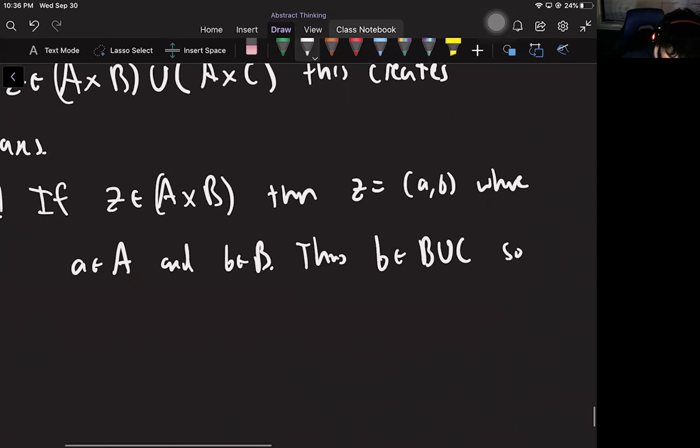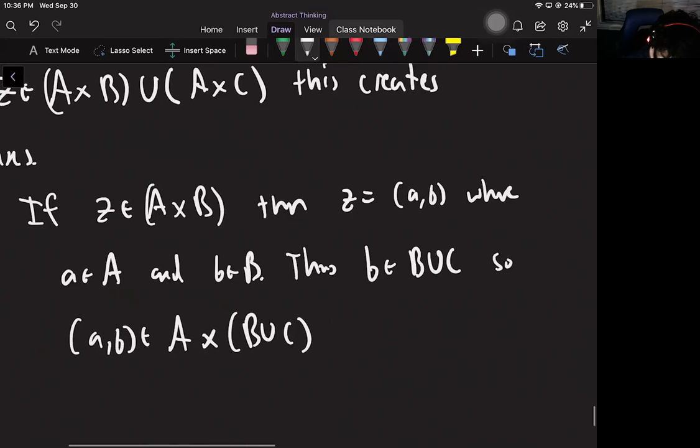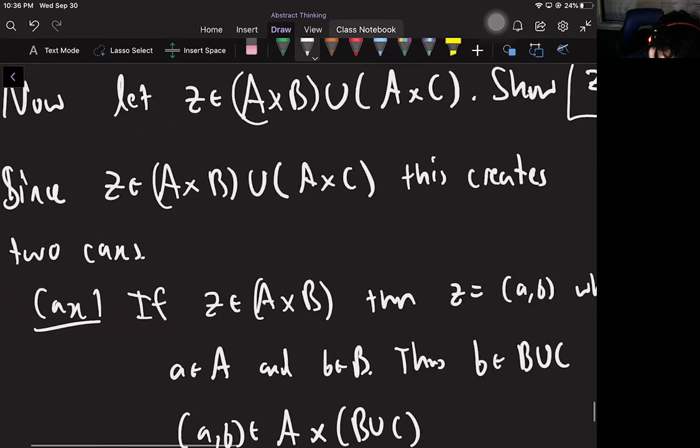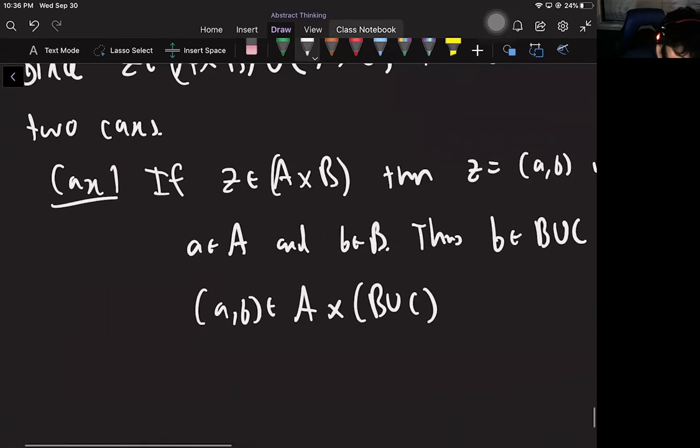So a comma b automatically lives in A cross B union C, because little a lives in big A, and little b lives in B union C. So that's what we wanted to show, and so the first case is done.